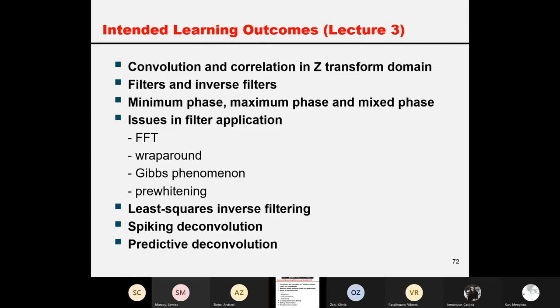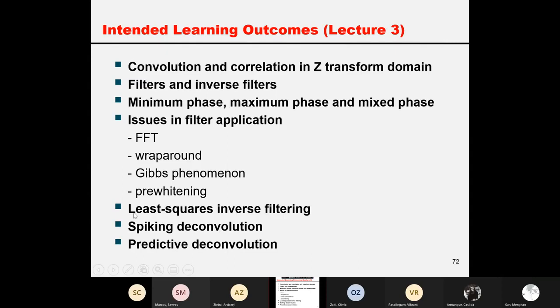In terms of least squares, this pre-whitening means a stabilization factor, or a model constraint, okay? And least squares really means we try to generate a filter and apply the filter to the data. The result will be an approximation, not exactly the desired output, okay? So least squares means you try to have minimal error energy. The error means the difference between your approximation and the true ideal output. Okay, so that's least squares.